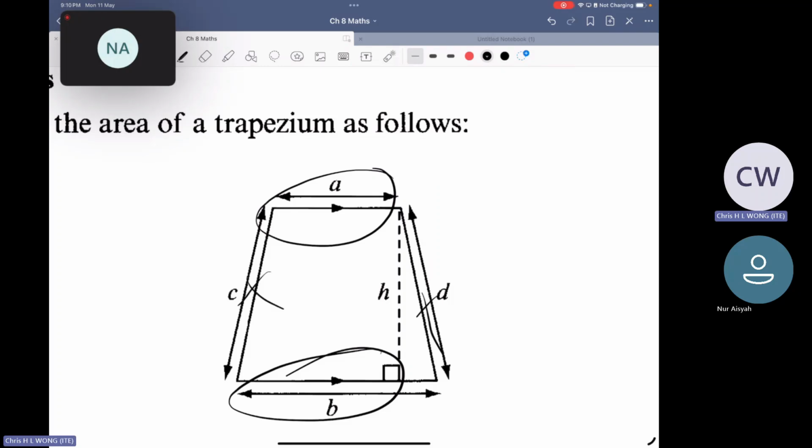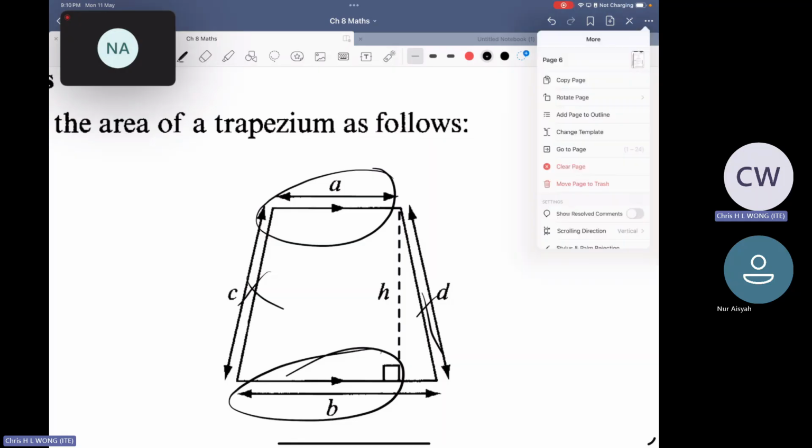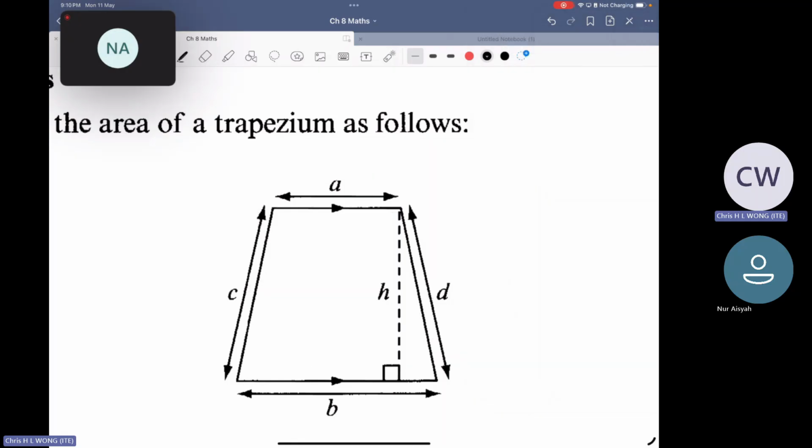But the height of the trapezium is also the same as a parallelogram. It must be a perpendicular line. Can you see? You need a perpendicular line, the height, just like a parallelogram. But the formula is different.